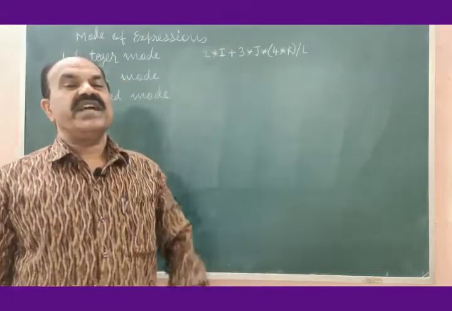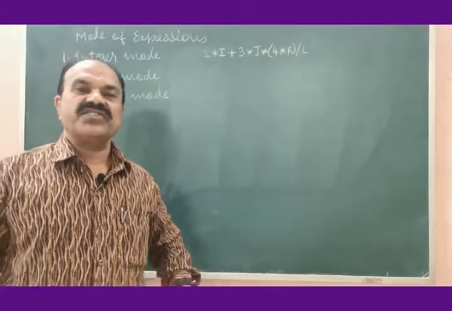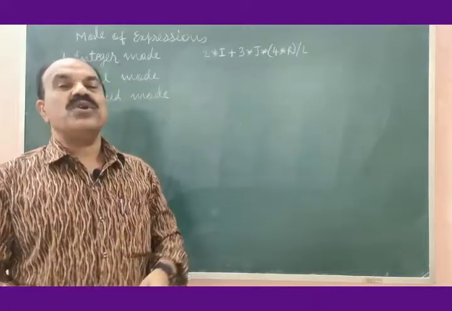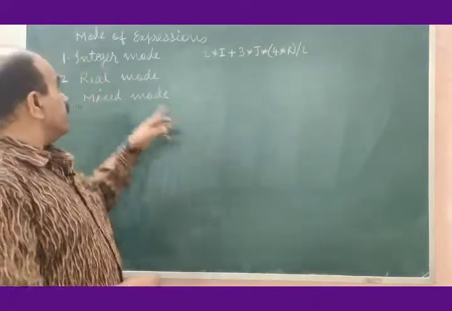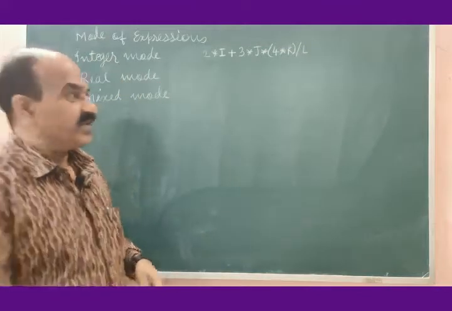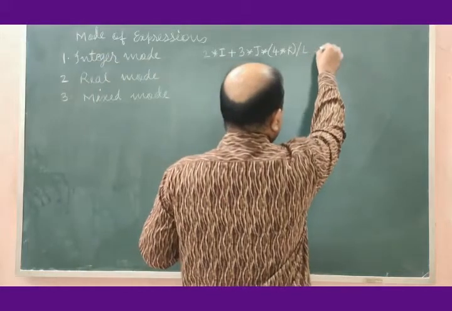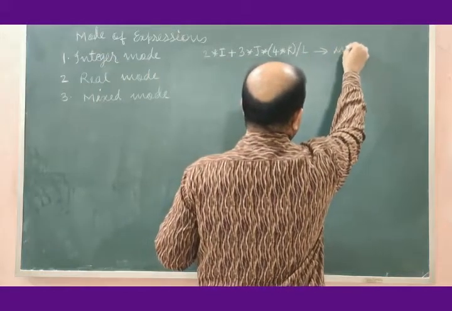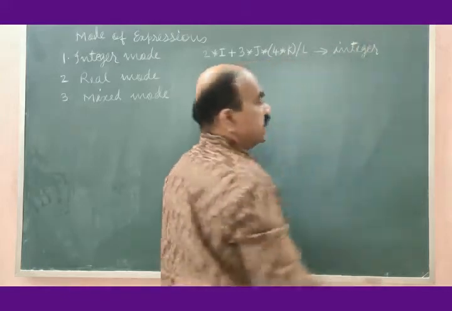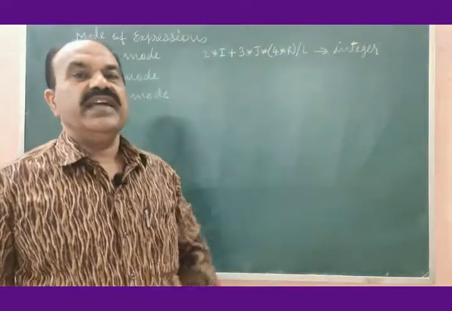So this expression has integer constants and integer variables, and therefore this mode of arithmetic expression is known as integer mode of arithmetic expression, and its result will be integer.